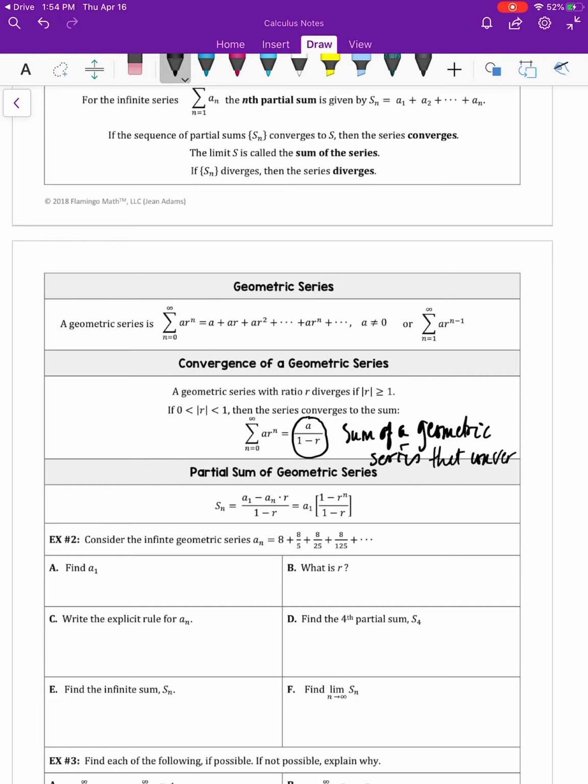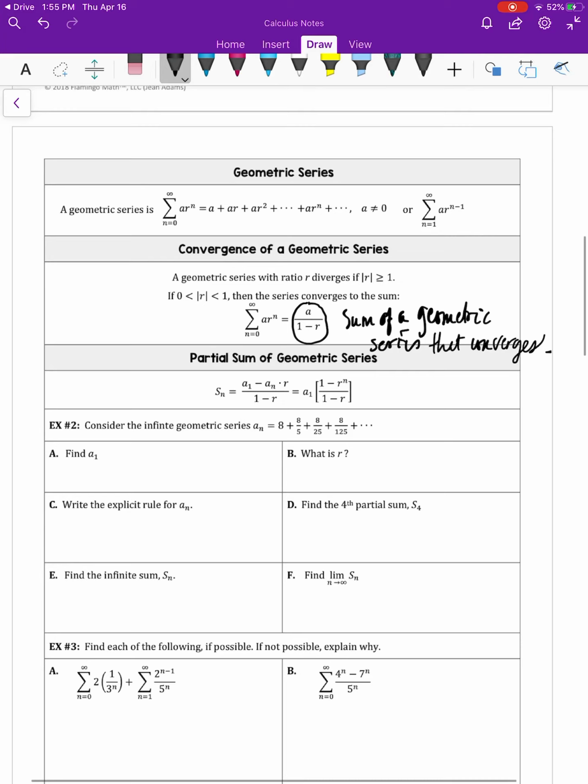That's the sum of a geometric series that converges. So, if you've determined what your r is and you've determined that it's between 0 and 1, then you can find the sum.